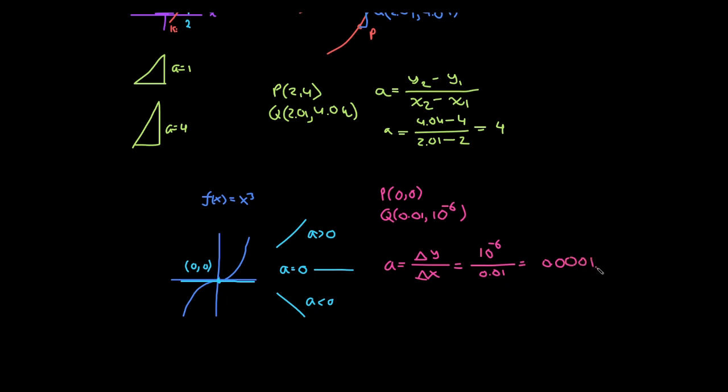Maybe it's one more. No, that's correct. Okay, which is, well, it's basically 0, right? But because we have a tiny offset, it will be a tiny bit incorrect. So yes, it does appear that this function, f(x) equals x cubed, is horizontal at the origin.